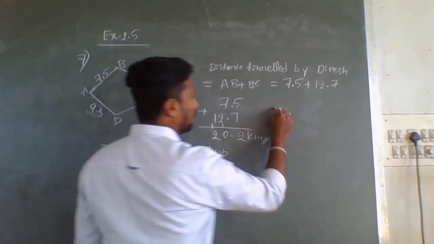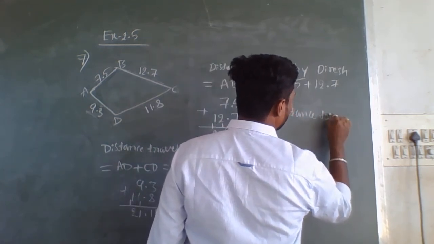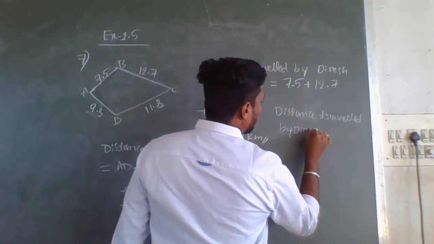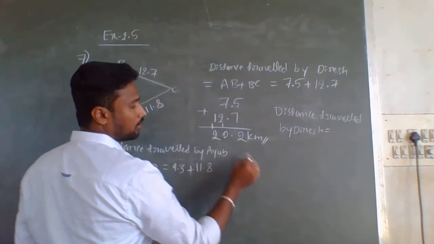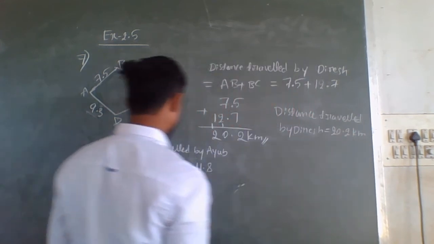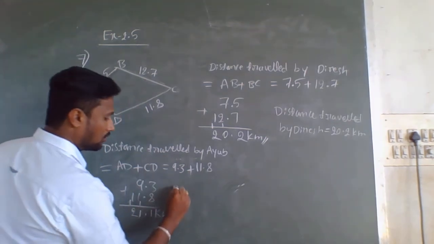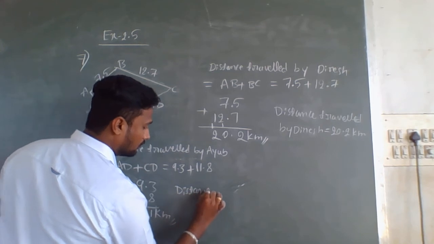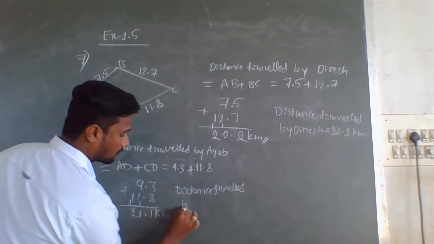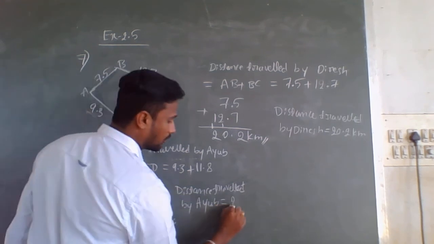So here you should write distance travelled by Dinesh equals 20.2 kilometers. And here distance travelled by Ayub equals 21.1 kilometers.